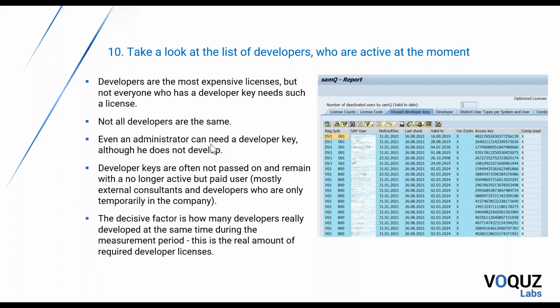I have successfully negotiated not having to pay for people executing transports to have a developer license. Then again, a typical situation: you have external consultants in your company. So KPMG worked with 10 consultants January to March.